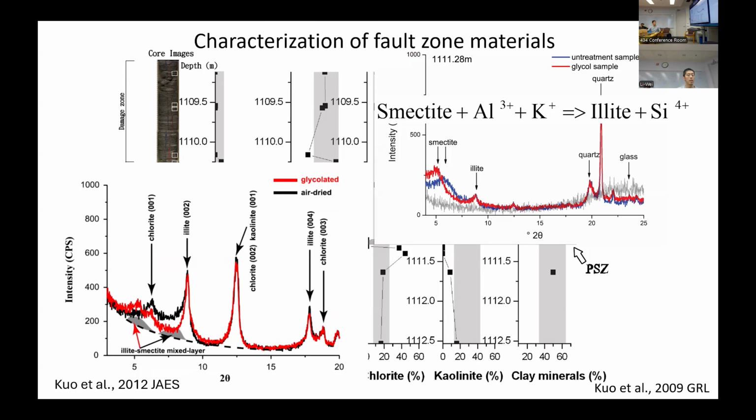I also observed the mixed layer phase in the outcrop clay mineralogy, but in this sample, we do not find any mixed layer in between. So this is not the case. Illite is not the source for smectite.